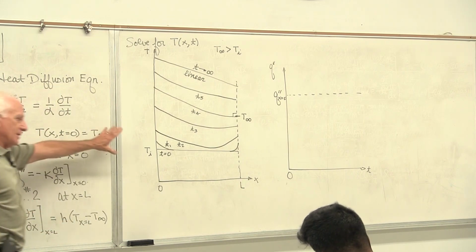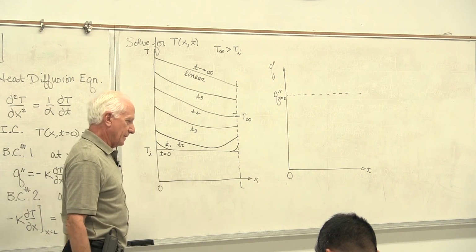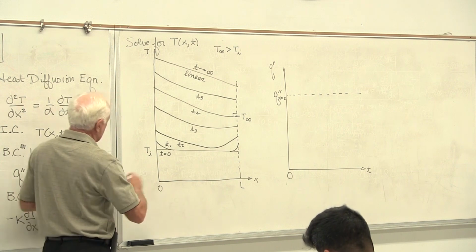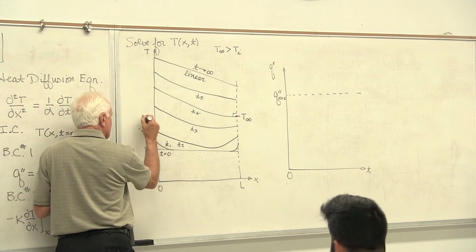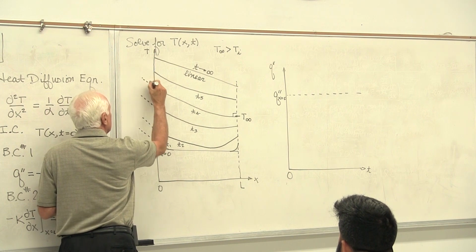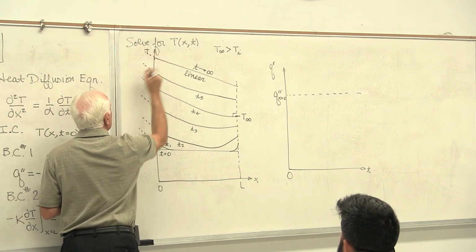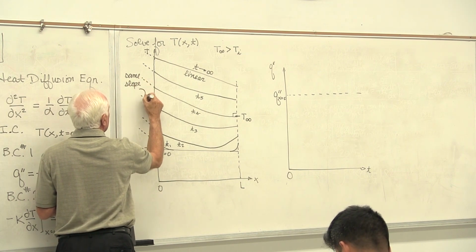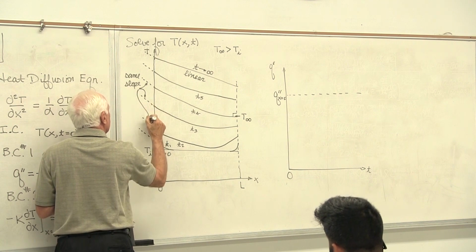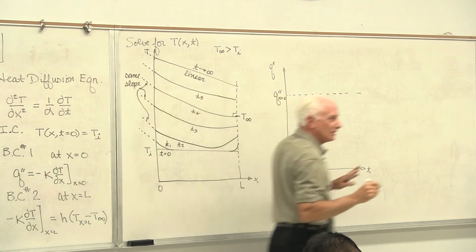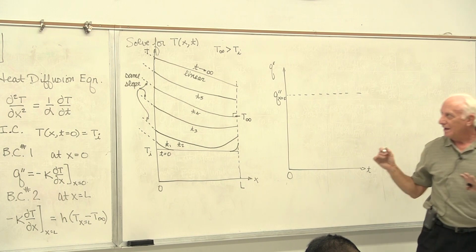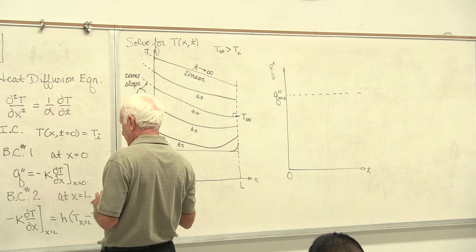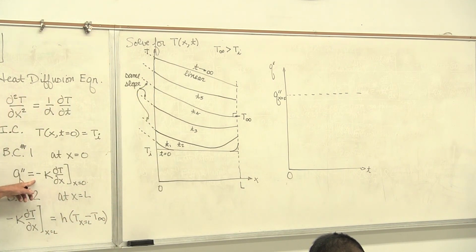By the way, when I make this sketch of temperature versus distance, x, a couple interesting things here. Number one is on the left-hand side, if I look at the slope at x equals 0, same slope. Here, here, here, everywhere, the same slope. Okay? Why?